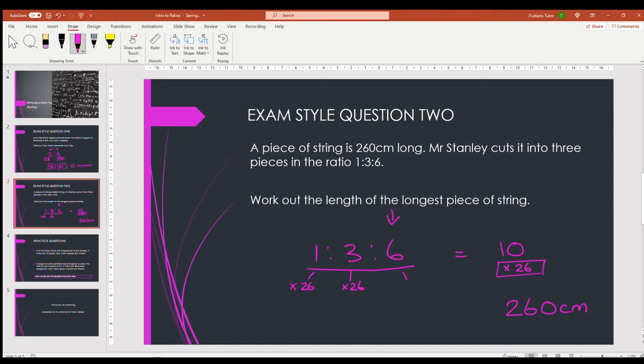Multiply it by 26. Which gives us 26 to 78 to 156. If you add these up, you'll come back to 260 centimeters. So the longest piece of string is 156 centimeters.